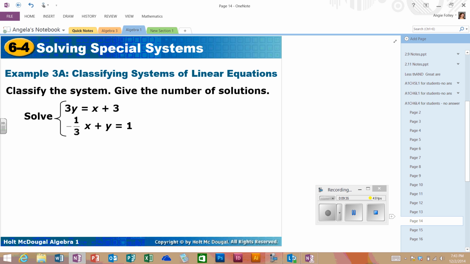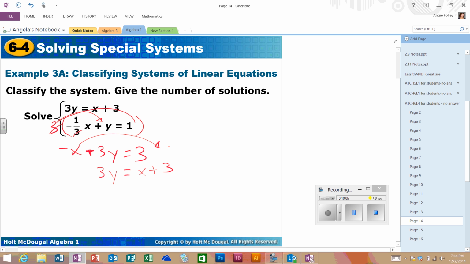You can solve it however you want. I'm actually going to multiply this one by 3 because that will make this negative x. That will make this positive 3y, and that will make that 3. Now, once I have that, I'm going to flip things around and make it look like the other one, so I'm going to move the x over to this side.